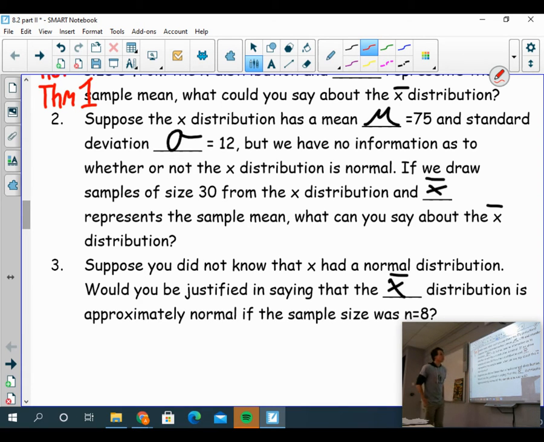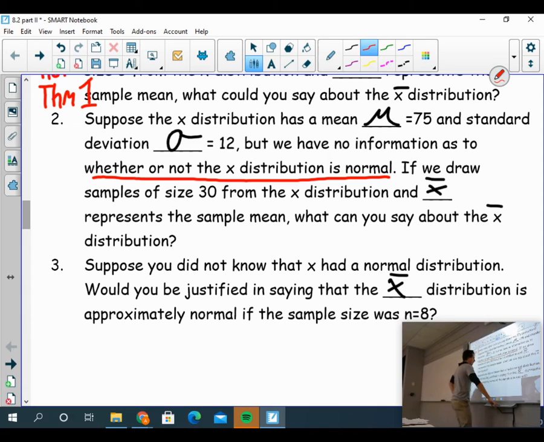Okay? Well, looking at this, we have no information as to whether the population distribution, the X distribution, is normal. No information. So Theorem 1's out. We don't know that the population's normal. It could be, it could not be. We don't know.